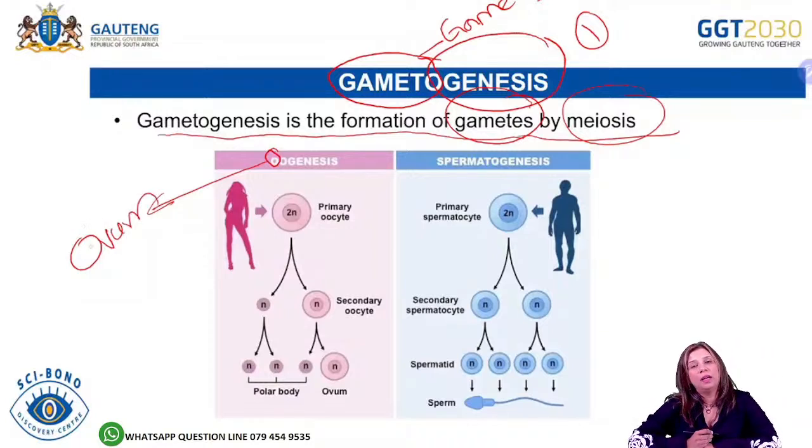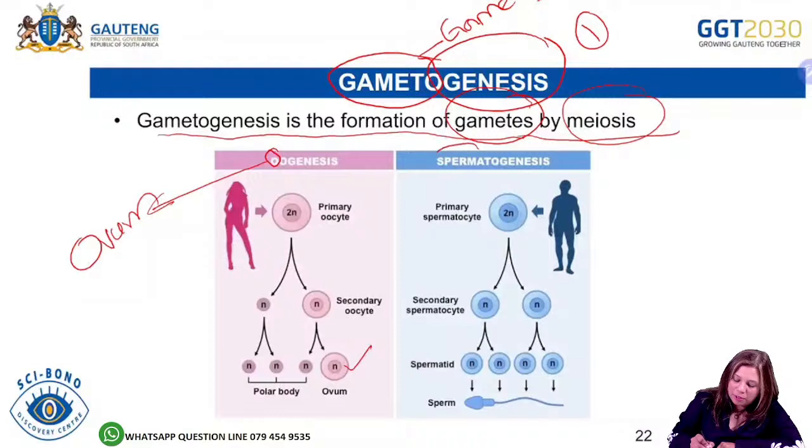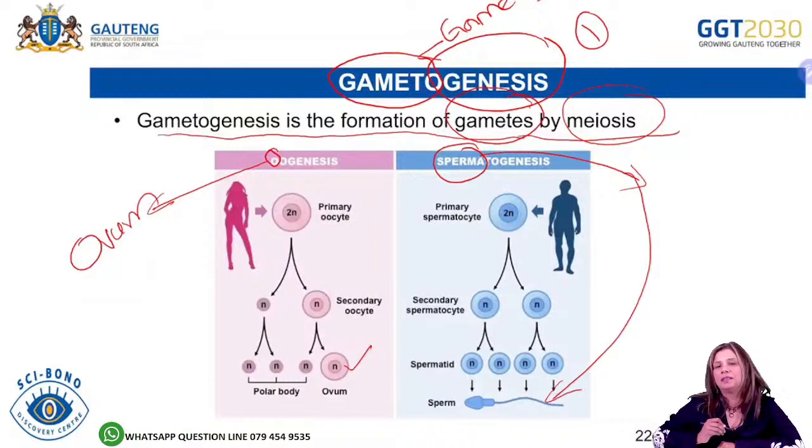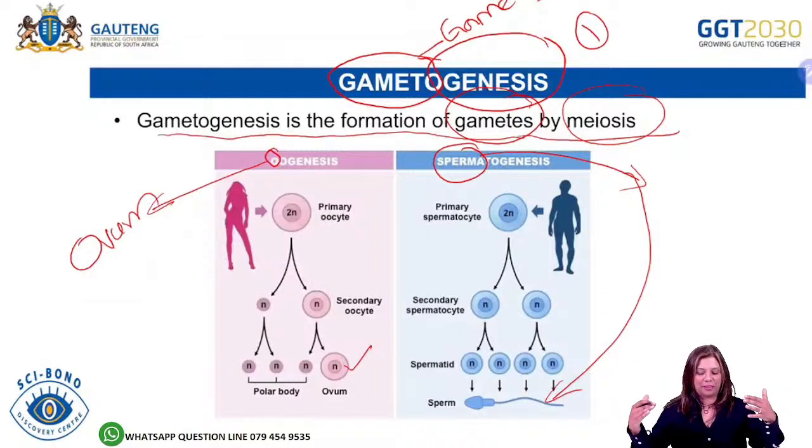So oogenesis is a part of gametogenesis where the ovum is produced. The ovum is the final product. And then we have spermatogenesis. Look at the name itself. You can see what is being produced here: sperm cells. Spermatogenesis, creation of sperms. Oogenesis, creation of the ovum. Very simple. You see how easy it is when you can picture things, break words up, look at diagrams, and then you'll be able to process it.